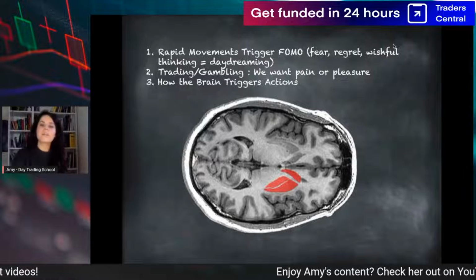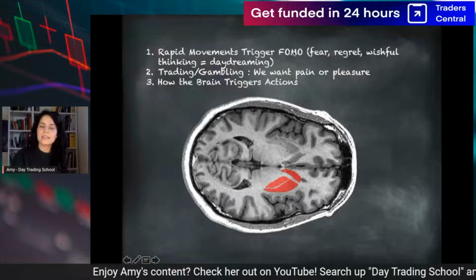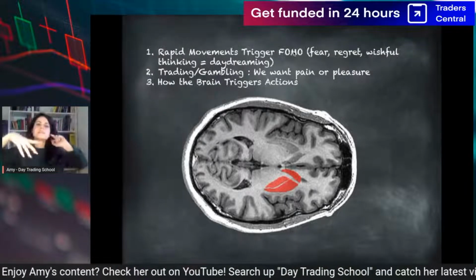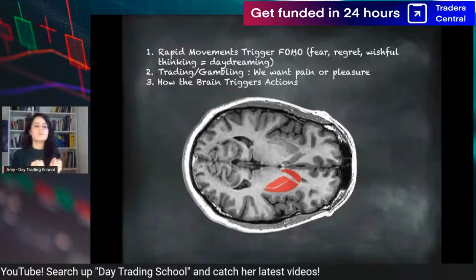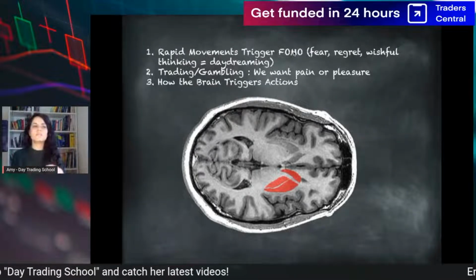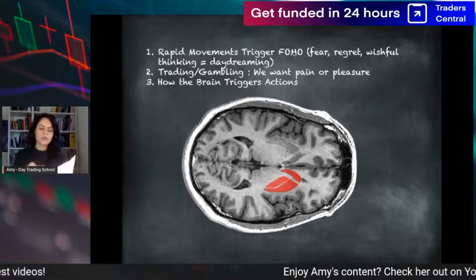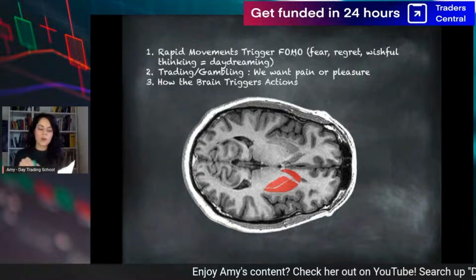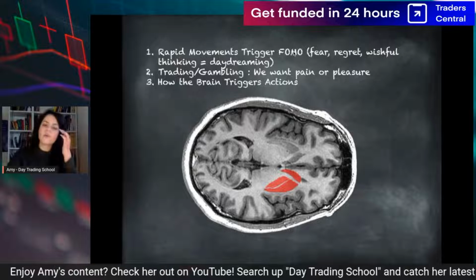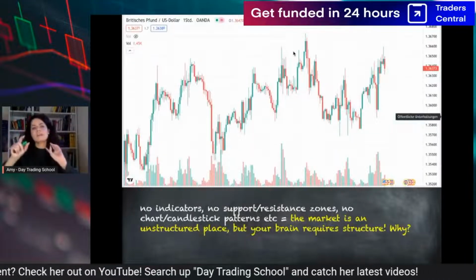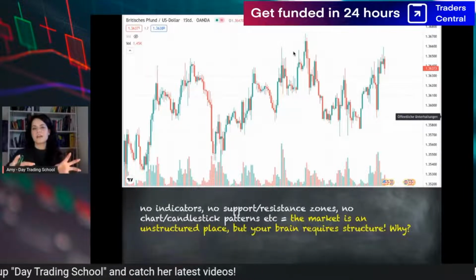The interesting part is that it triggers at some point, and it doesn't even need to be a rapid movement. Let's say you missed out on an opportunity and you start regretting that you didn't buy at that particular point, because you look down at your paper and see, oh my gosh, my analysis was correct, I should have taken this trade. Now, the problem is that the market is an unstructured place.